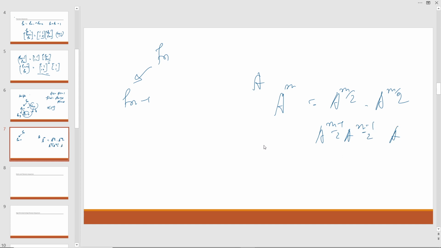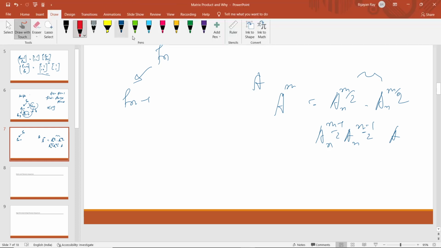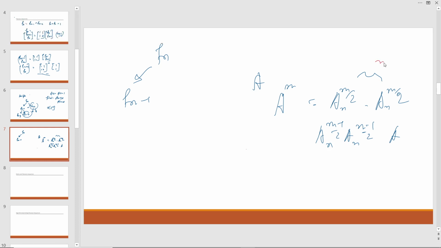So one can see here that for multiplying two matrices of order, say, n, one takes n cubed.